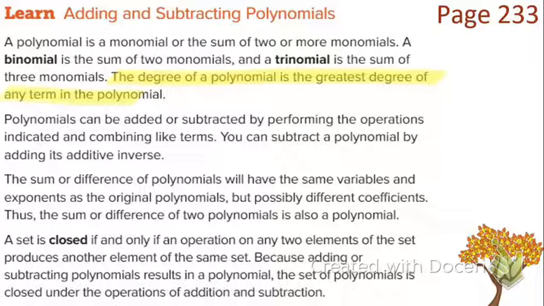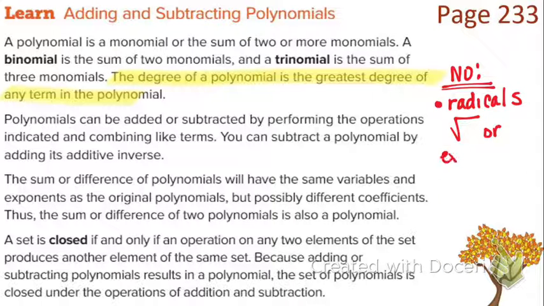And what I wanted to also say is a couple of things that you're going to look for that will cause it not to be a polynomial. Radicals. So you can have no radical. So a radical looks like this. Or exponents that are fractions. And you also can't have negative exponents.